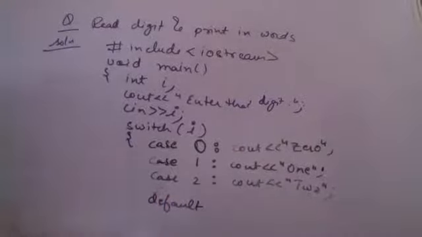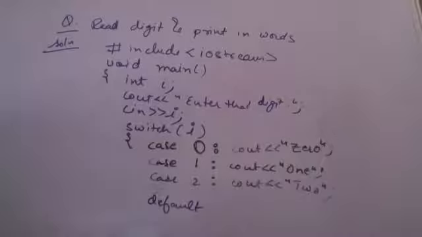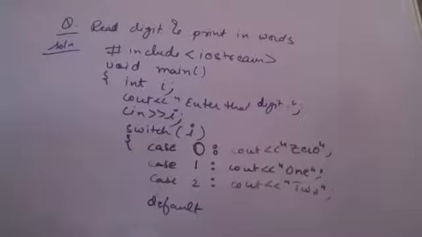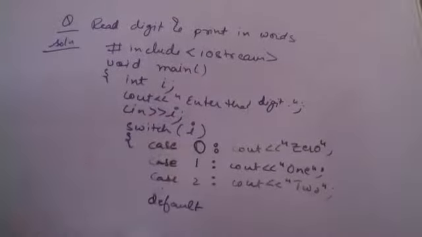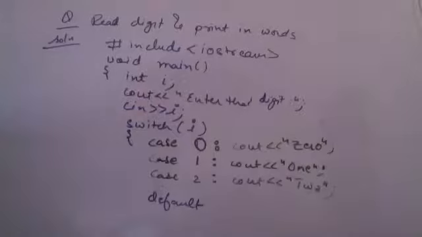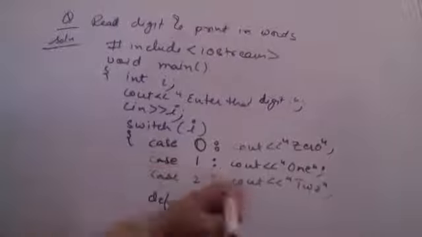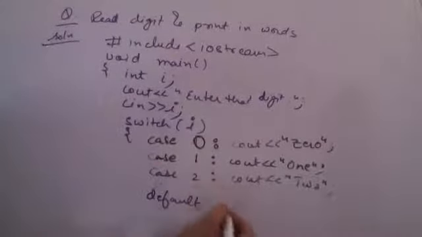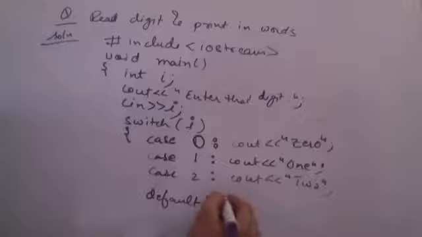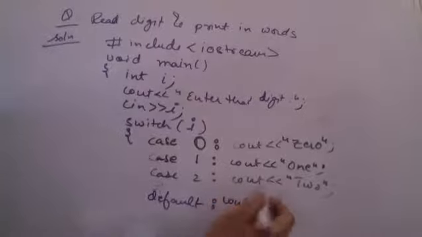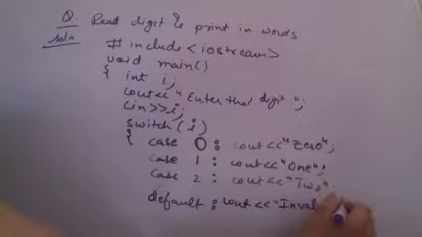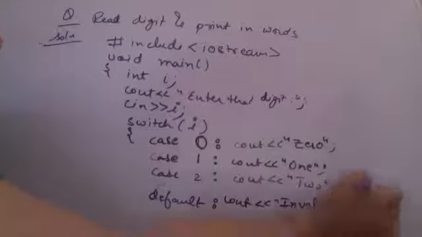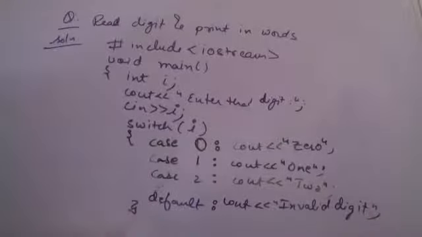A default case means that in case I am unable to get a correct match: you gave cases 0 1 2 3 4 5 6 7 8 9, but supposedly the user entered ABC or some garbage, or whatever the case is, and no case matched. Then you can go to the default case and mention whatever step you want to take. Supposedly I am mentioning invalid digit here, and you end the switch.